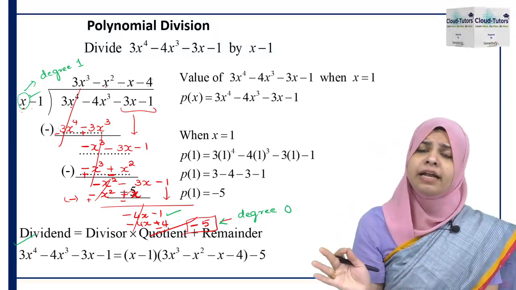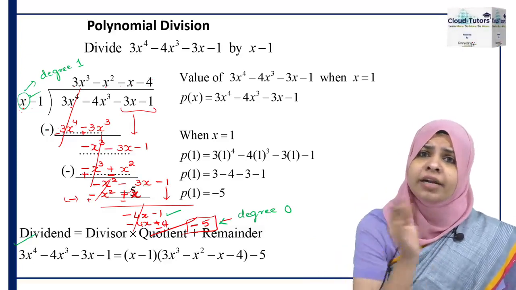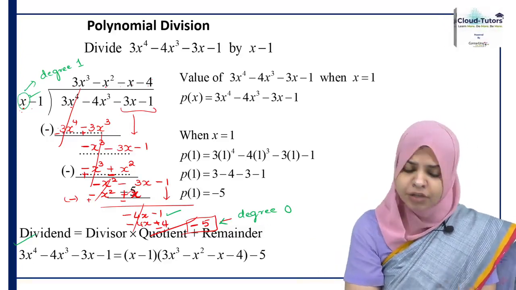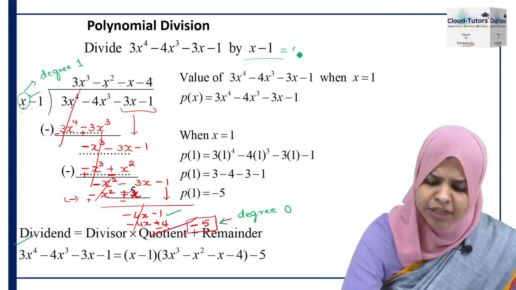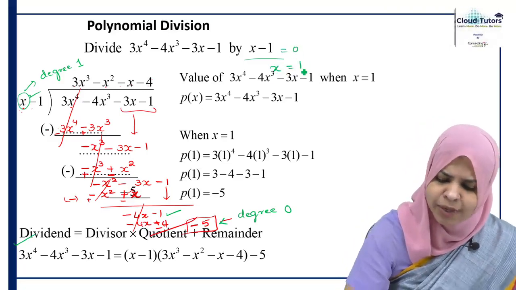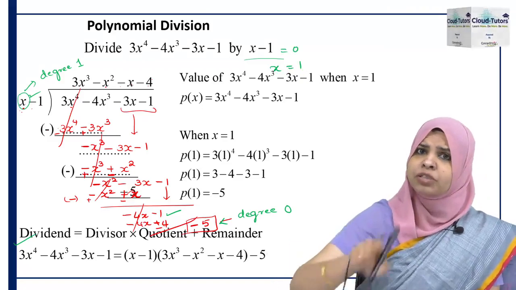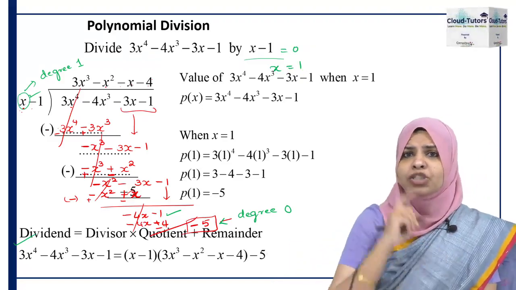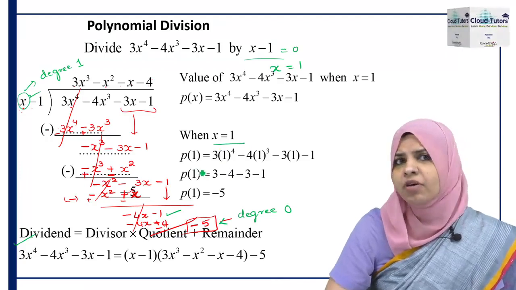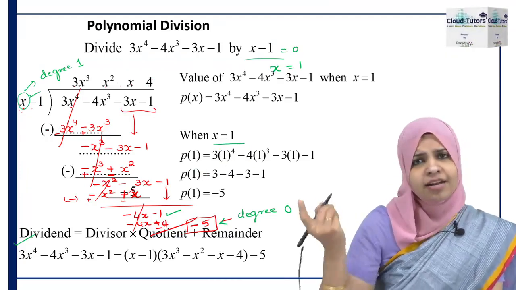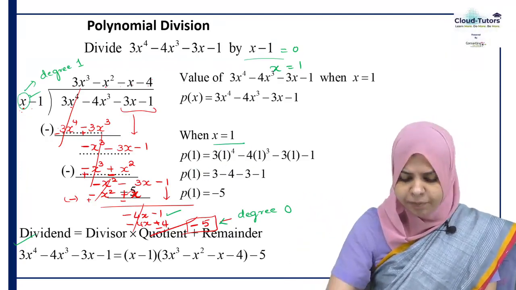If the question says find the remainder only, then use this by x minus 1, equate it to 0, x is equal to 1, right? Now substitute this value in this expression, or should I say polynomial. So when x equal to 1, wherever x is there, you're replacing it with 1.